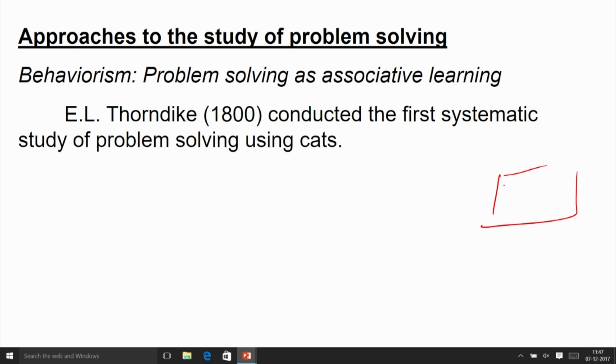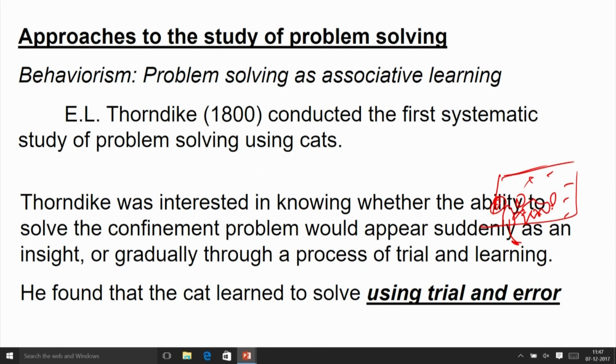Sooner or later the cat will realize that if I scratch here, where the lever is... So, this is my box, and the cat is put here, right, and here is the lever. The cat initially goes ahead and scratches everywhere, but once it scratches here, there is a door which opens and the cat can now escape out of it. So, the cat has to realize that this is the solution to the problem.